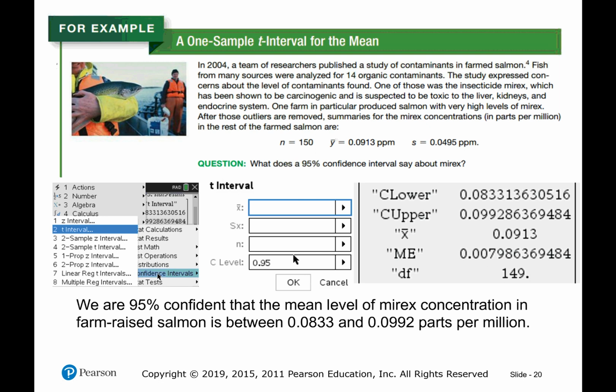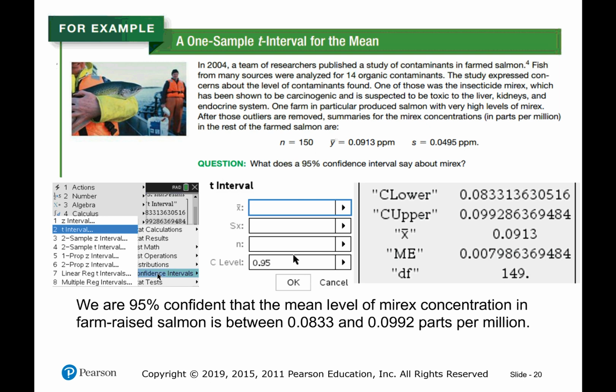Look at that last line. Again, our sample size is 150. For right now, we're saying degrees of freedom is simply n minus 1, so that's why that number is 149. The x bar, that's what you typed in. It figured out the margin of error, the ME.